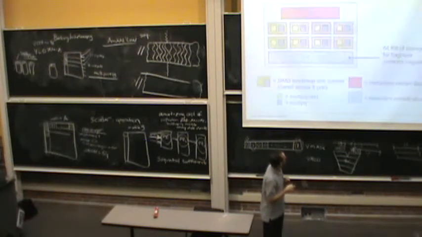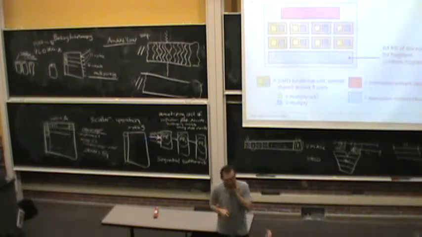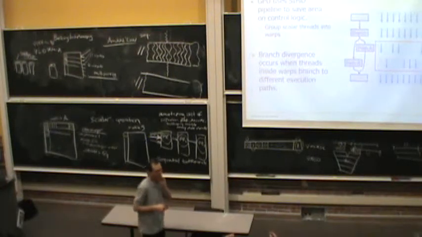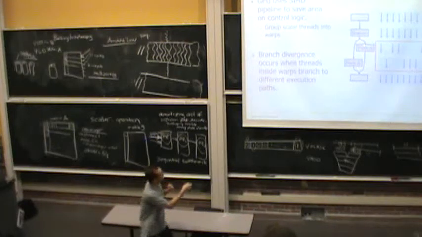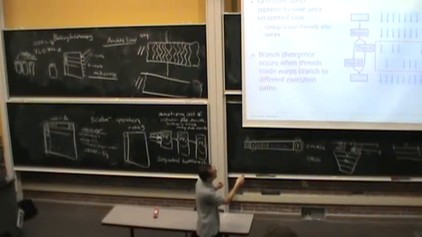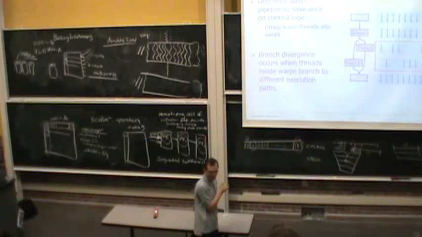So I'll let you think about that. There could be multiple warps that are also doing the same thing, and if they happen to have the same program counter that points to path A, you may be able to merge them together, because these are different threads.